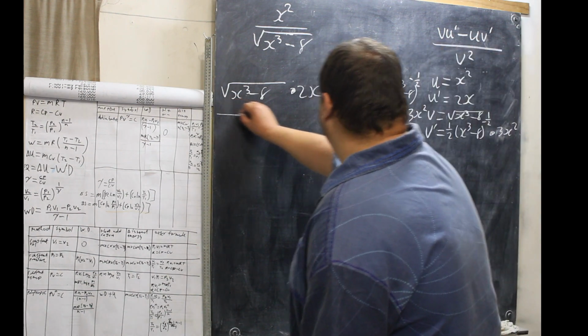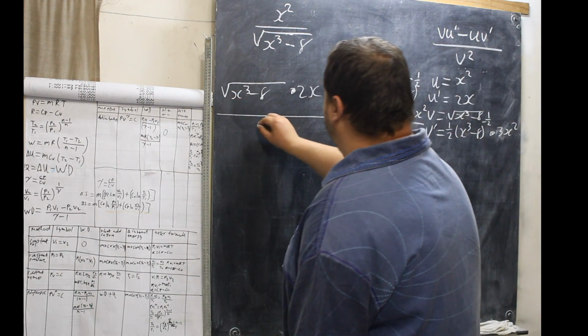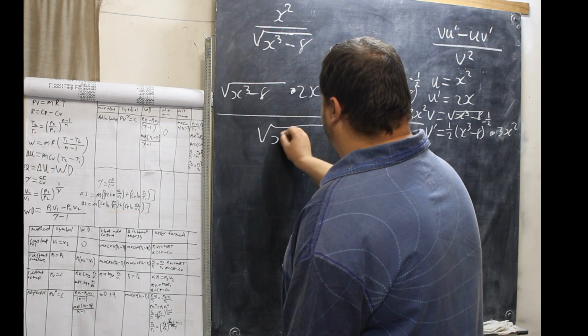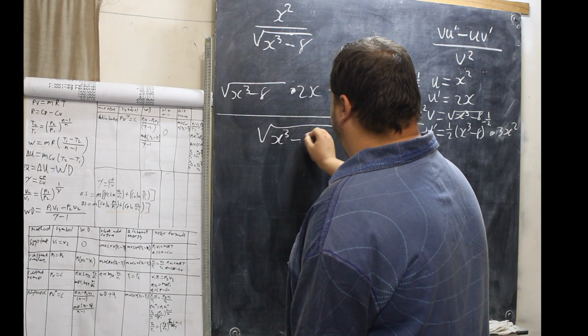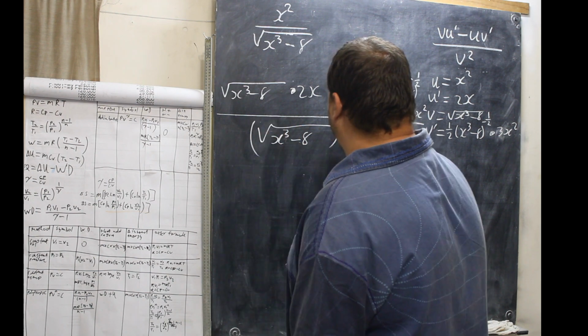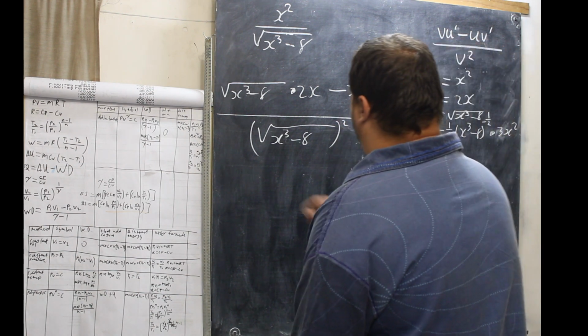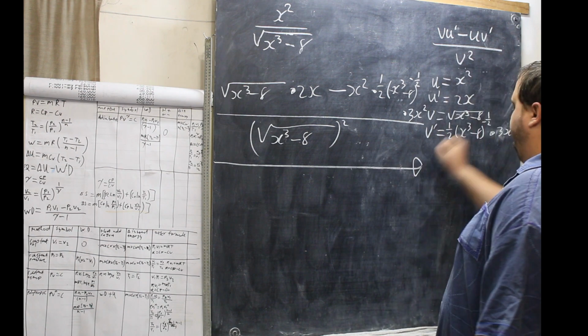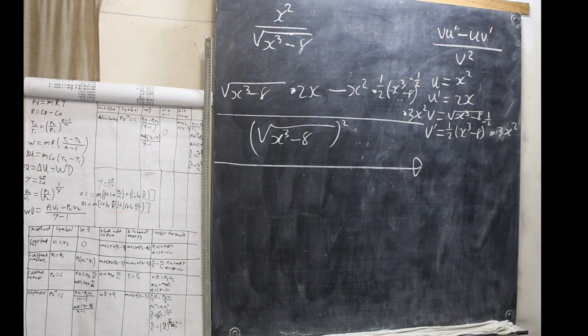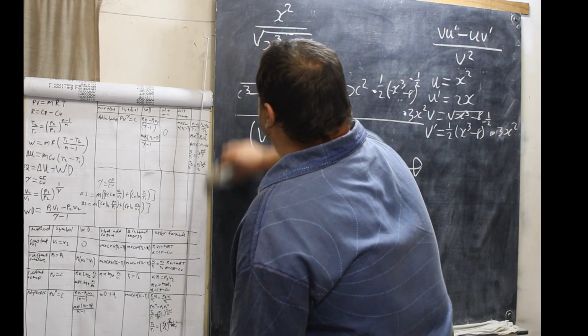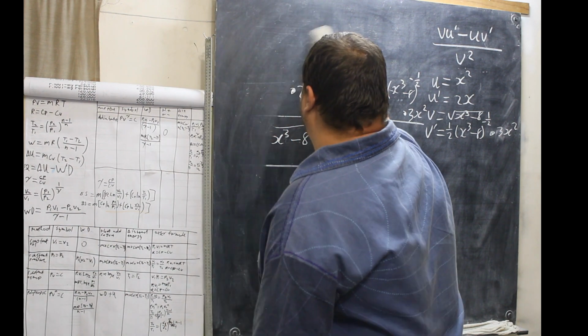All of this over the root of x cubed minus 8 squared. And that will be our final answer. And this will be our next sum.